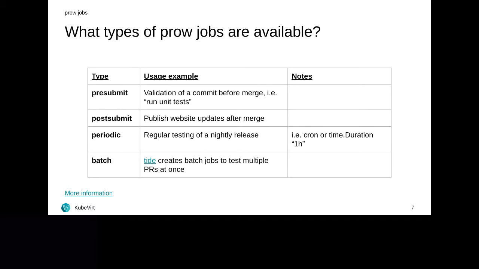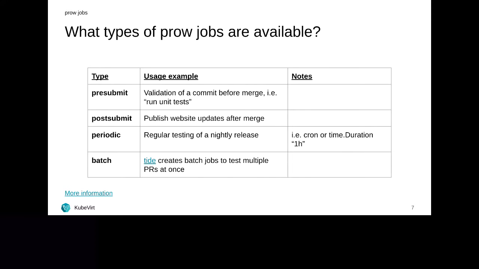User examples of jobs: for a pre-submit, it is, in general, the validation of a commit before a merge, for example running unit tests. For a post-submit, it is something like an update after a merge. For example, if you have merged to a branch and you need to update your website, you do it in a post-submit.